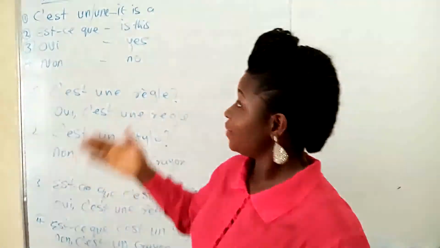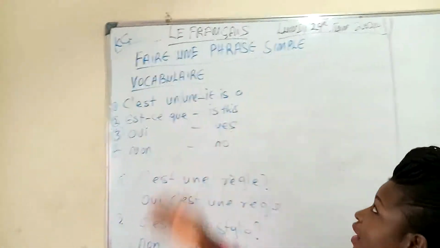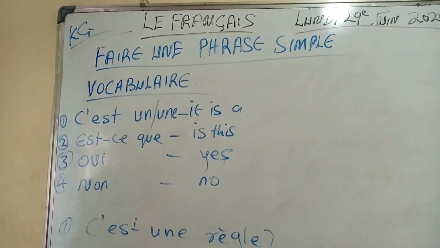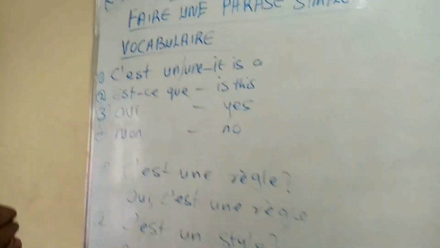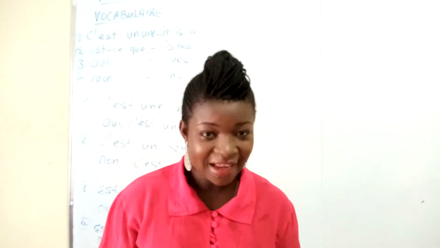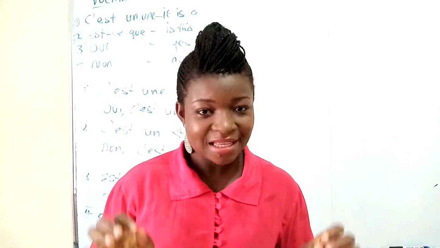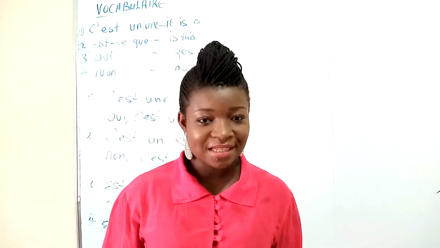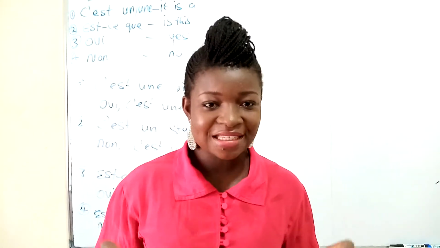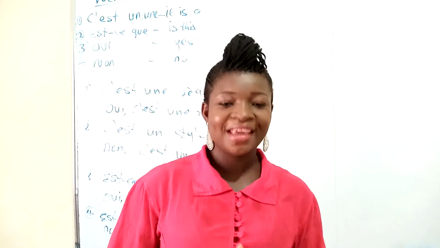So today again we are still on faire une phrase simple. You remember that was our last topic, but it's a little different today. So you say the topic again after me. Faire une phrase simple. Faire une phrase simple.